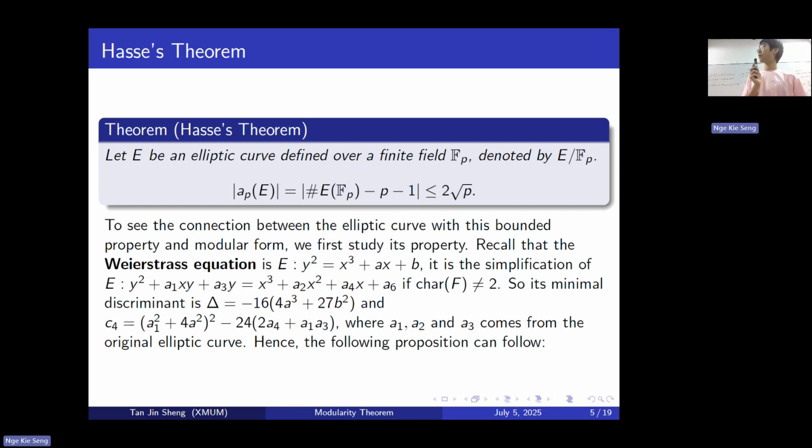If the characteristic is not equal to 2 or 3, the minimal discriminant is equal to -16 times (4a to the power 3 plus 27b to the power 2). And the modular invariant here is given by this formula. It's a very important coefficient, I think. Right, and so then the proposition can follow here.